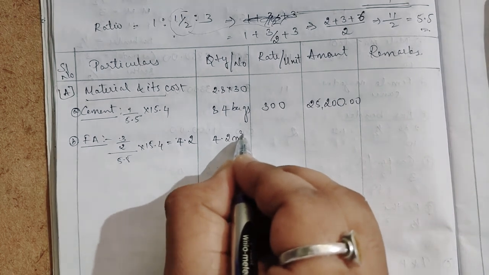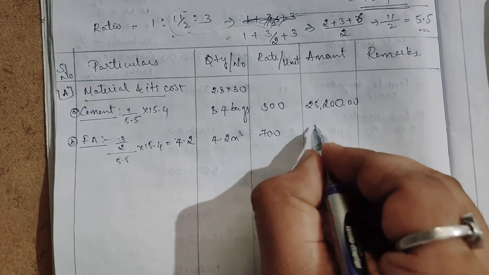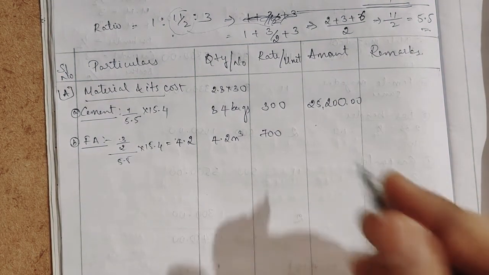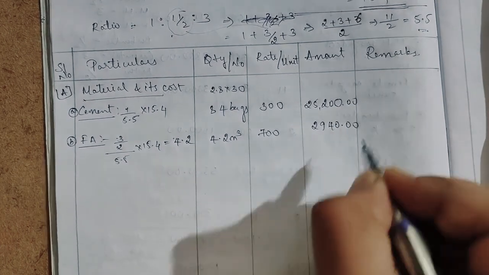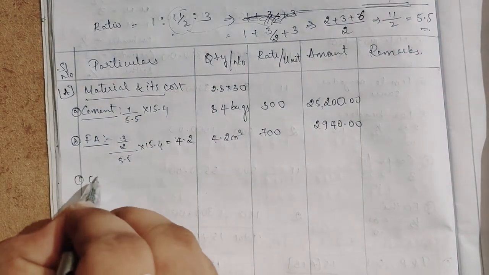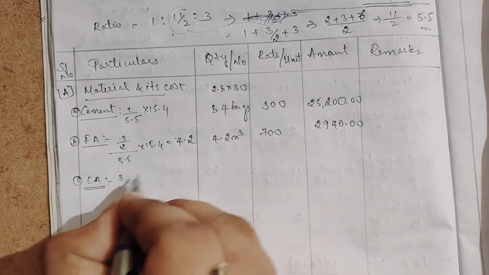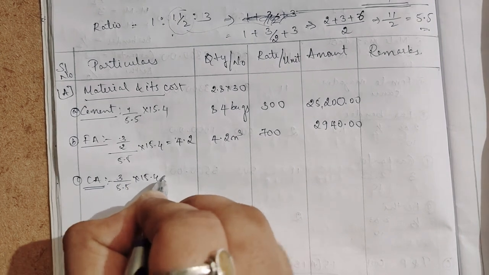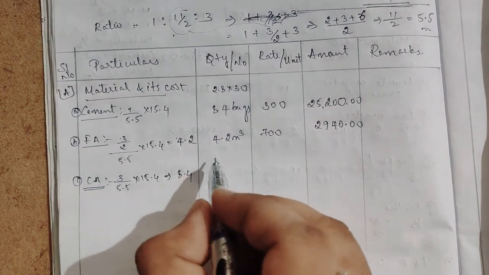So 4.2 meter cube. What is the cost? 700. So it will be 700 into 4.2, which is 2940. Now coarse aggregate, that is 3 divided by 5.5 into 15.4, that would be 8.4.